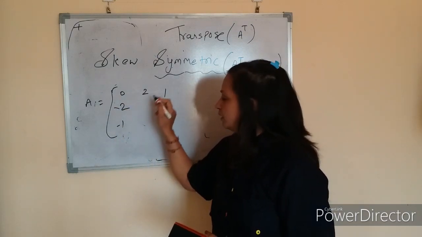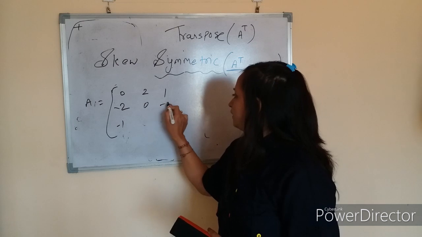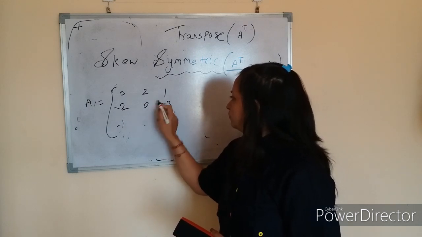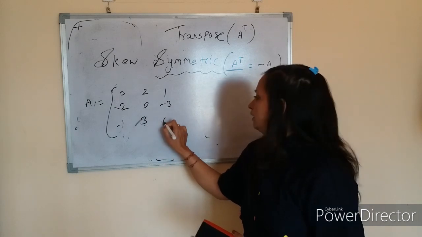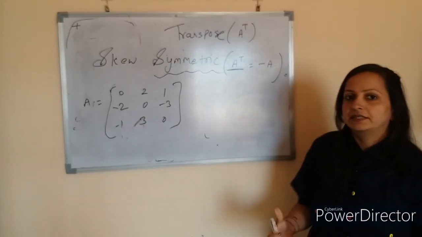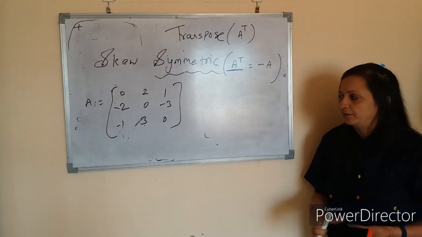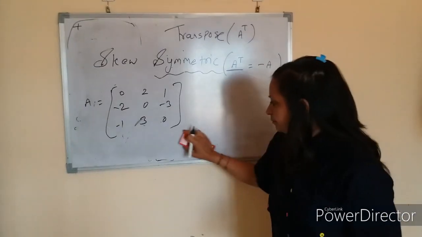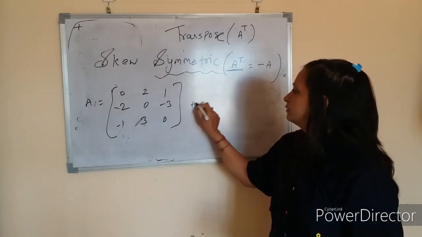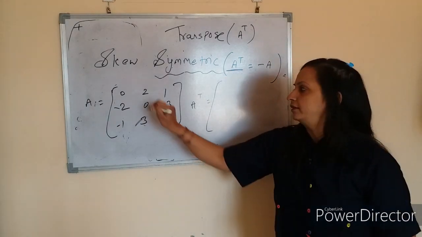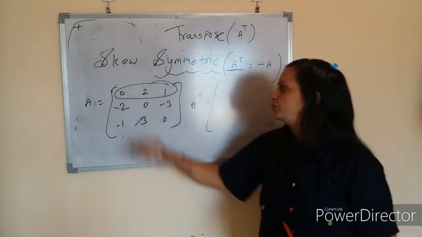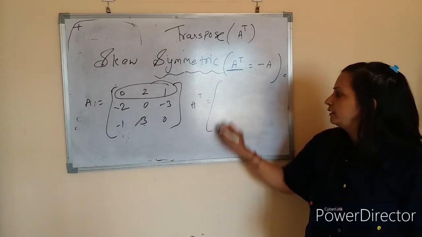Let me write 0 2 1, then minus 2 0 minus 3, then minus 1 3 0. This is an example of my matrix capital A, so let me transpose it. If I transpose this particular matrix, what will I get?